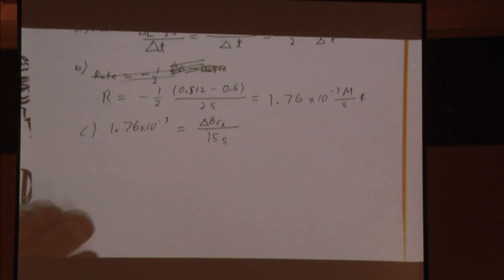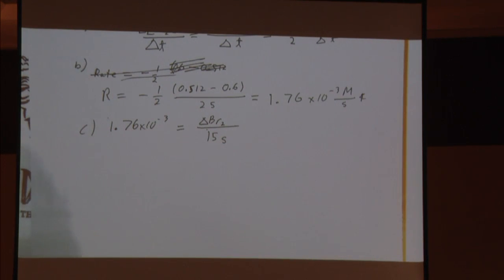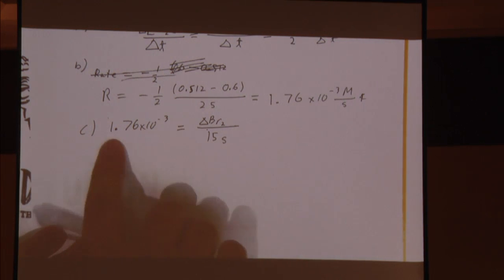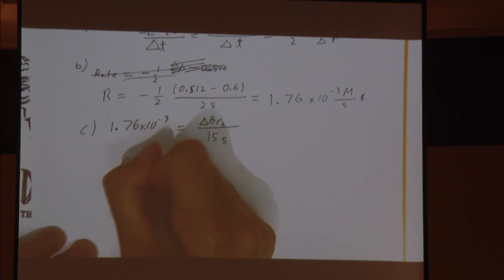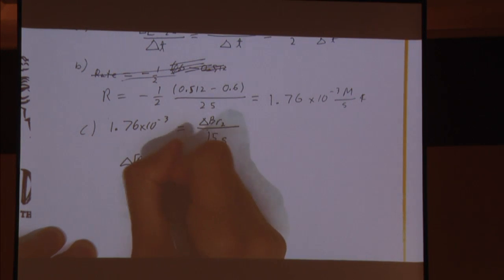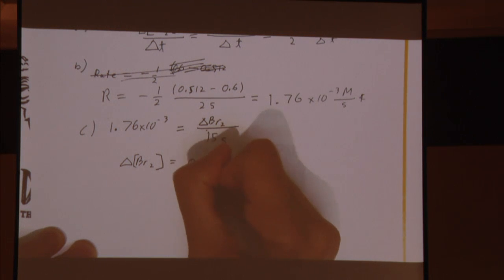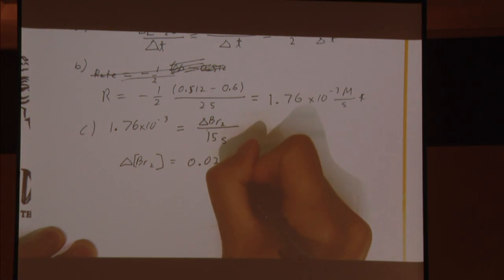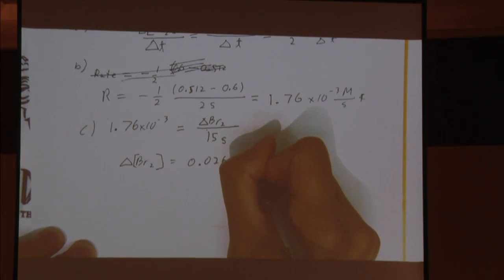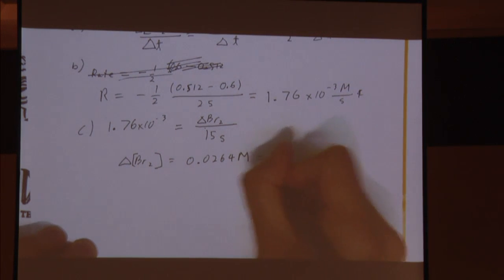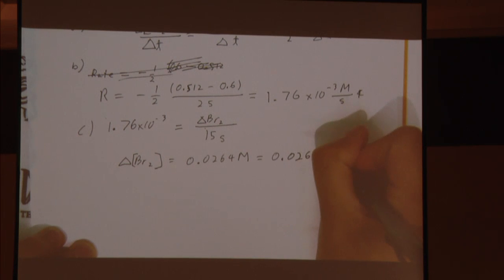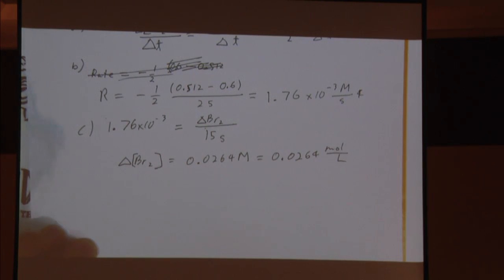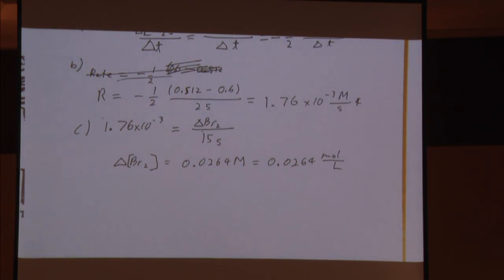And here we can figure out how many moles we actually created. So just multiplying both sides by 15, we get 0.0264 moles over liters.